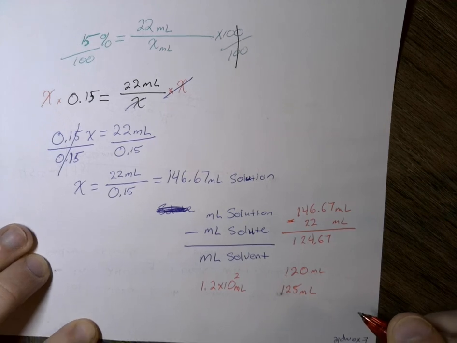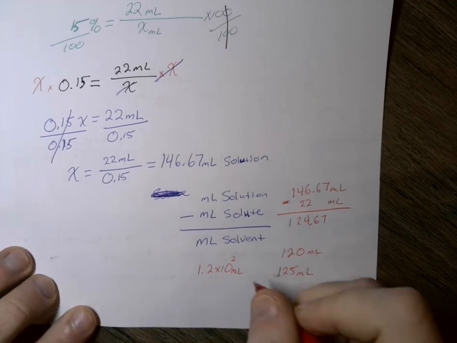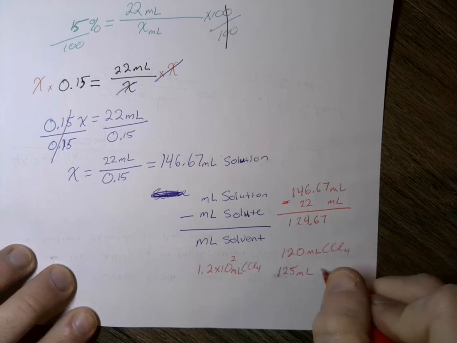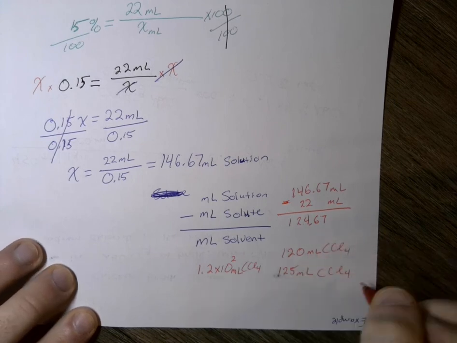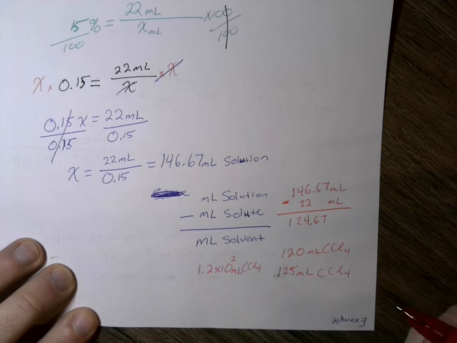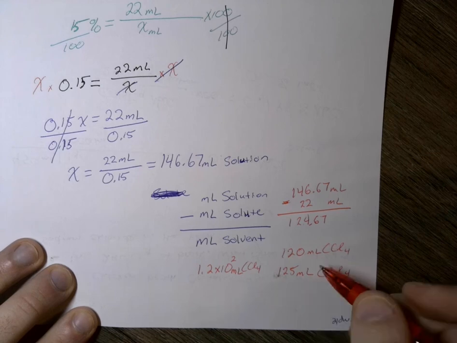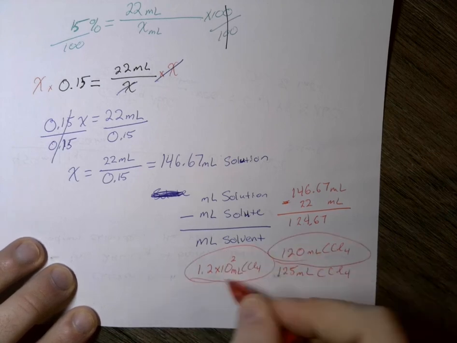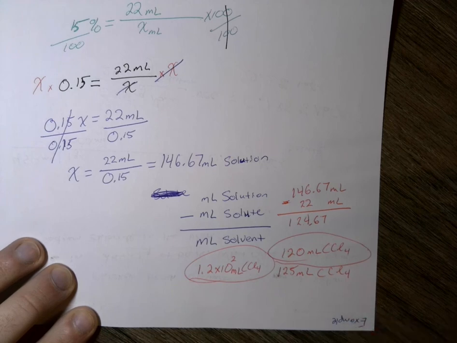And all of these are in the form of milliliters of CCl4. So any of these are technically the answer, but really the most acceptable ones are going to be the 120 or the 1.2 times 10 to the second. And those are your examples for percent by volume.